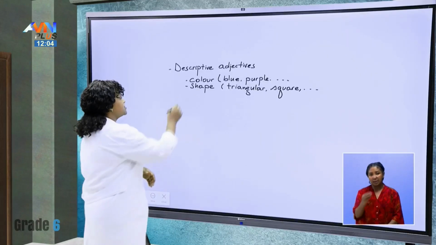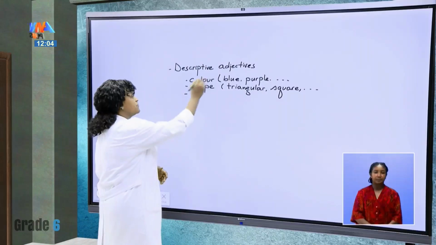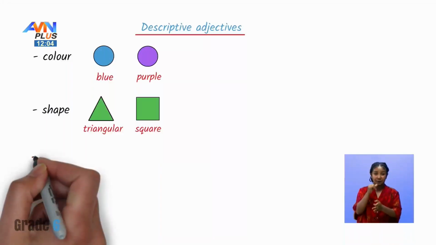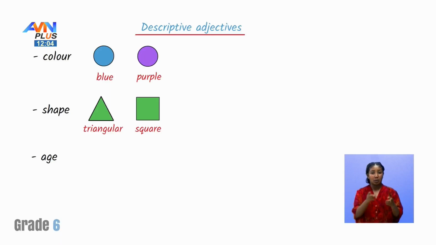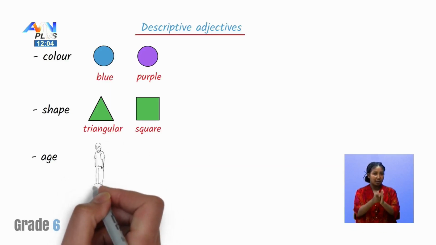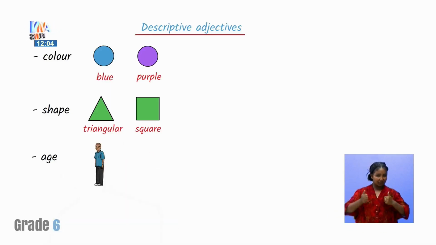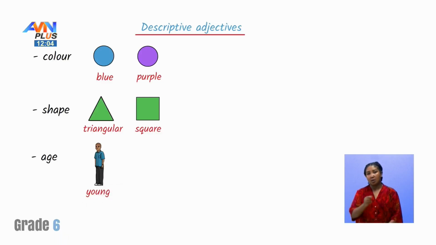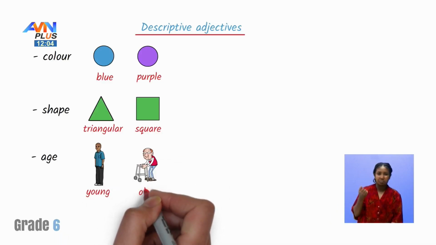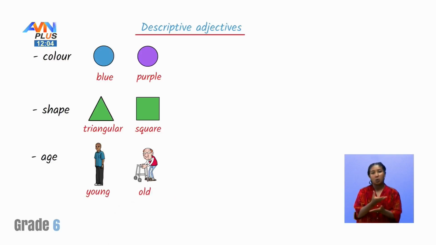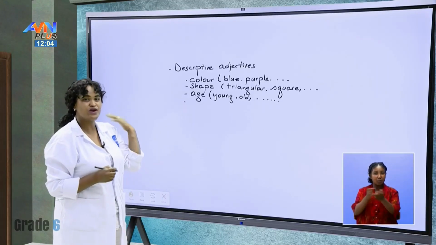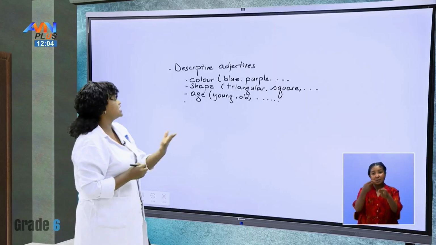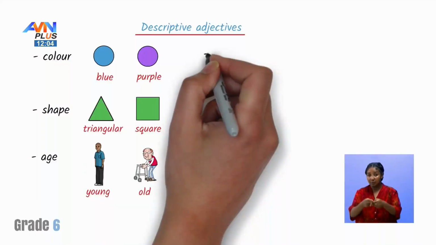And the other thing is age. Yeah? When you tell the age of something, like for example by saying young, old, ancient, etc. New, yes? And the other description that helps us to describe some noun or a person is what? Purpose.